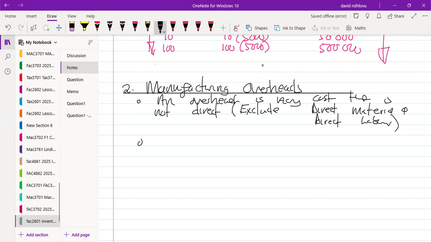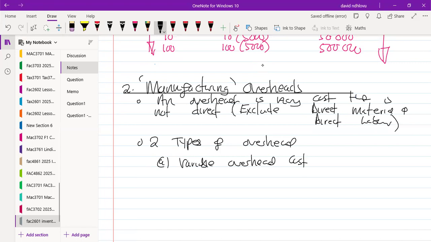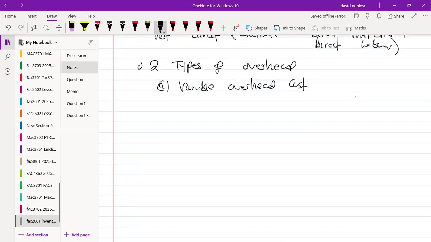Right, so when we look at overheads, there are 2 types of overheads. Remember we are specific here, we want manufacturing overhead. A manufacturing overhead is a cost that is incurred in the factory. It's incurred in production. So number A, we have variable overhead costs. Right, number B, we then have the fixed overhead costs.